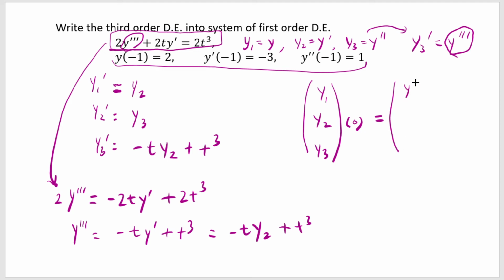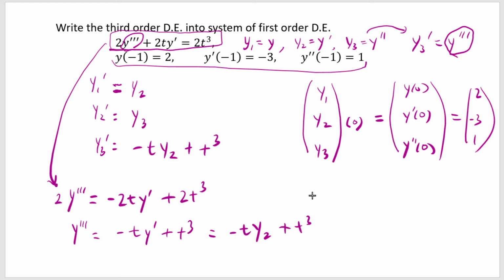That's y of 0, y prime of 0, y double prime of 0. So those values should be 2, negative 3, and 1. So that's what you have. You have the system here with the initial condition that y1 of 0 should be 2, y2 of 0 should be negative 3, and y3 of 0 should be 1.